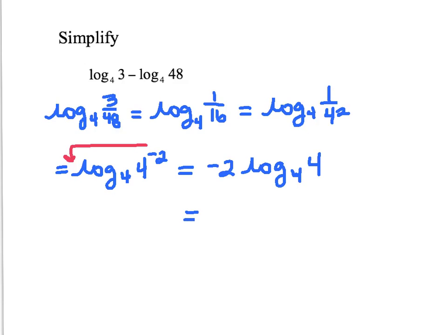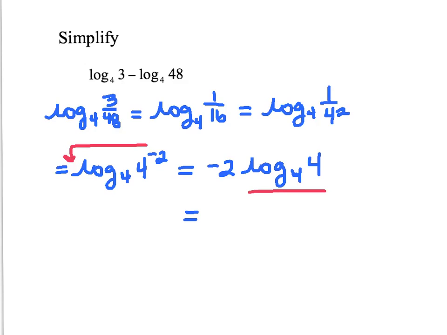And I know that log base 4 of 4, remember a logarithm is nothing more than an exponent. It's the kind of exponent when I put it on its base, I get what's inside of the logarithm. And so log base 4 of 4 is representing the number 1. 4 to the first power is equal to 4.